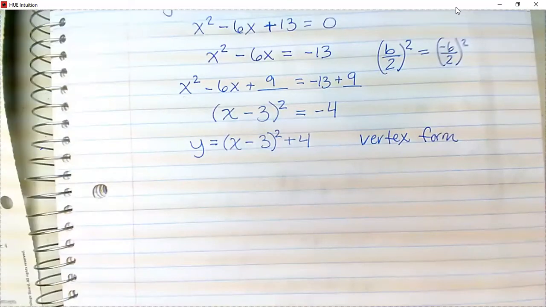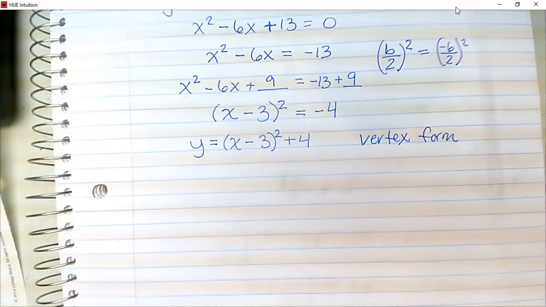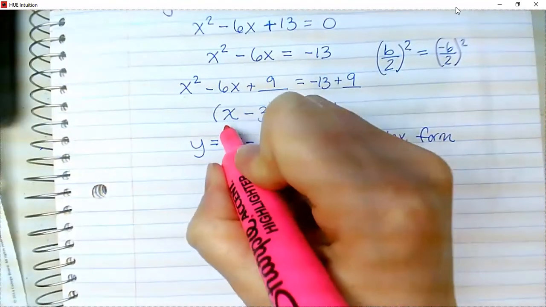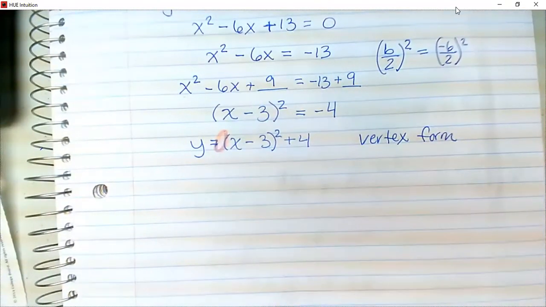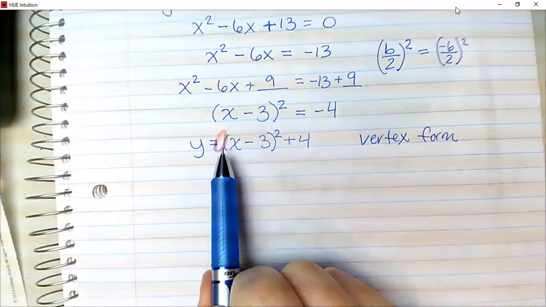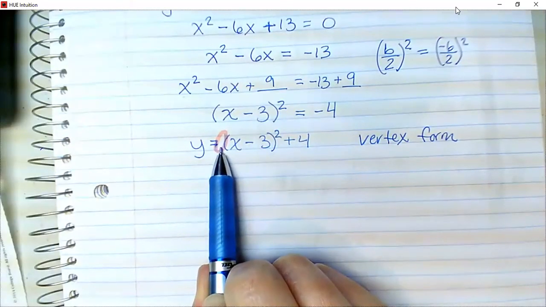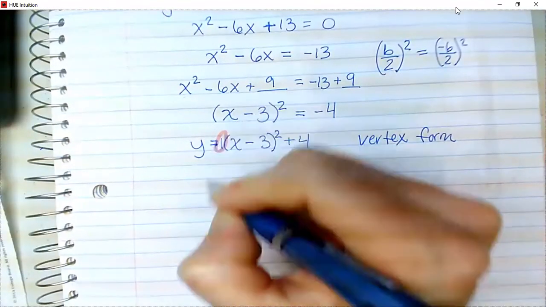So step 2 tells us to identify the direction of opening, whether the vertex represents a minimum or a maximum. We can get that information by looking at what A is. Well, A is always right here in front of our parentheses. And since there is no number in front of the parentheses, it's understood to be a positive 1.